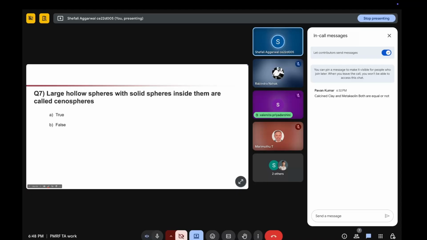Next question is, large hollow spheres with solid spheres inside them are called cenospheres. True or false? True, okay.